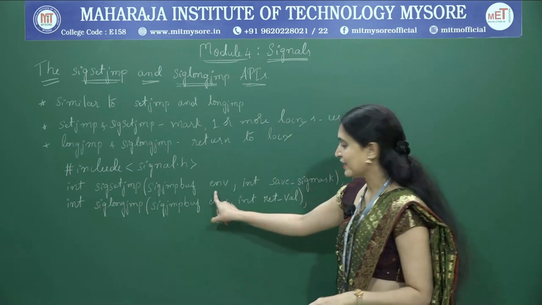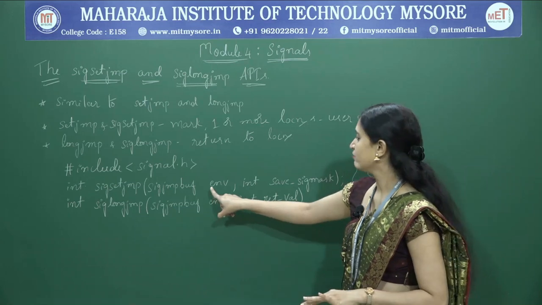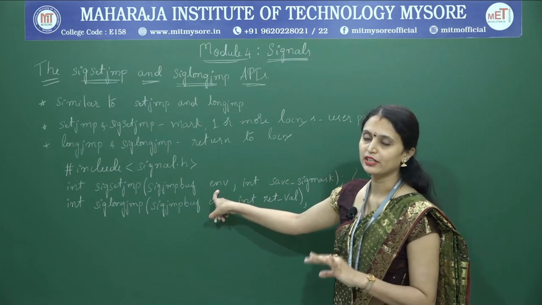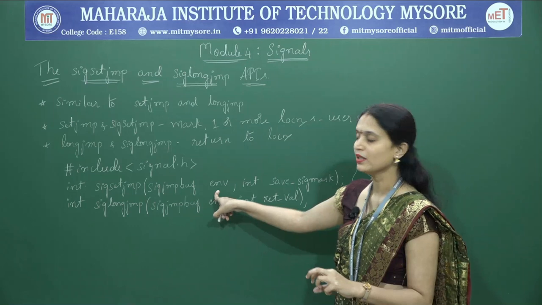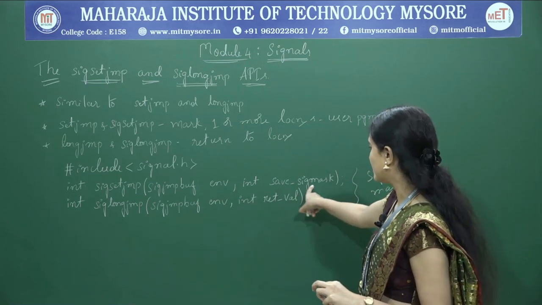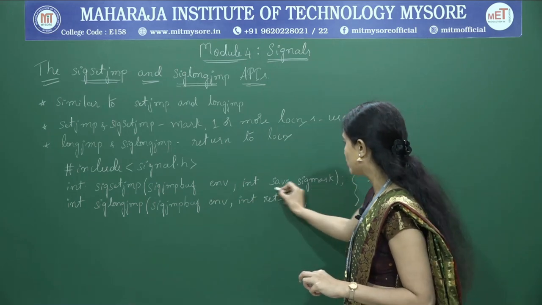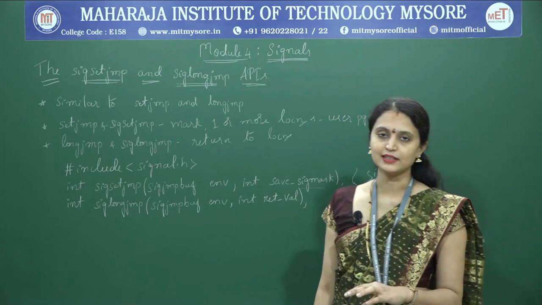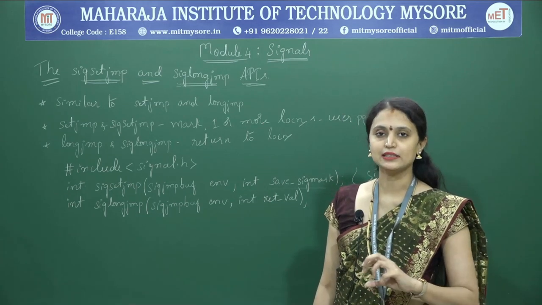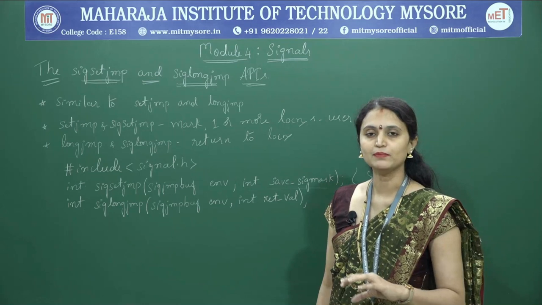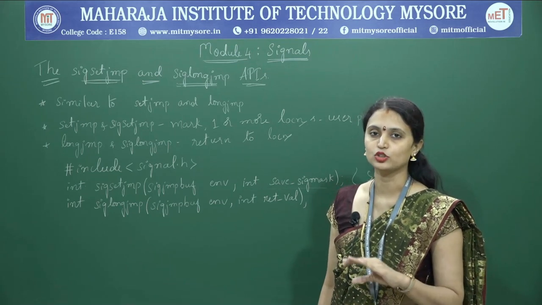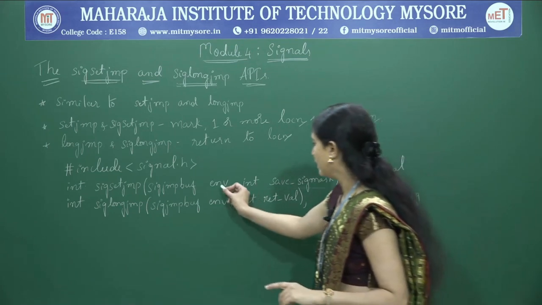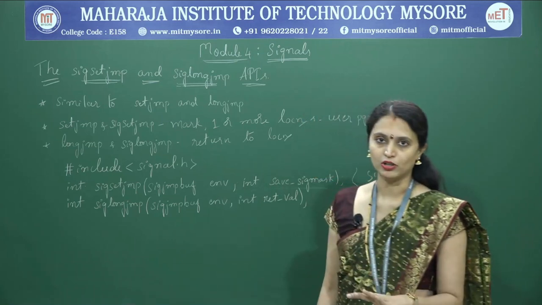Let us look into the arguments. We have env, the environment argument, the first argument, and the second one, save_sigmask. The second argument is an integer value that decides whether the calling process signal mask has to be saved in the environment variable or not.